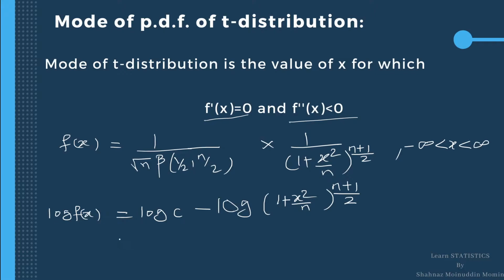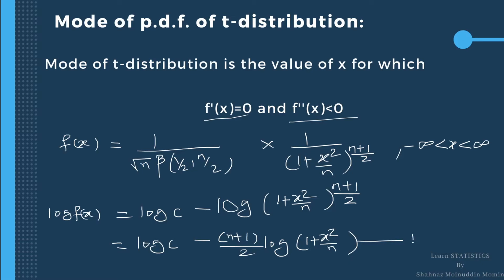Here log c is a constant. So log c minus n plus 1 upon 2 log 1 plus x square by n.